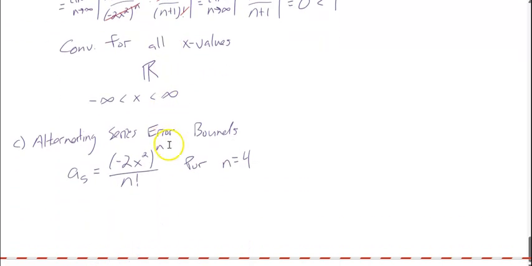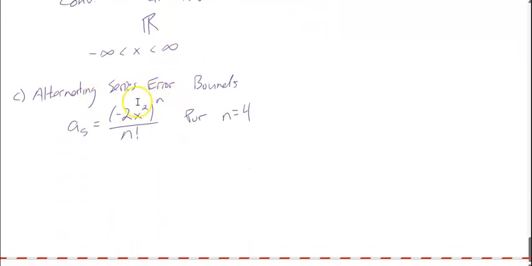So it's actually this n to the 4th. Anyway, what you get if you plug in n equals 4 there is 2/3 x to the 8th. That is just making n equal 4 and then simplifying.